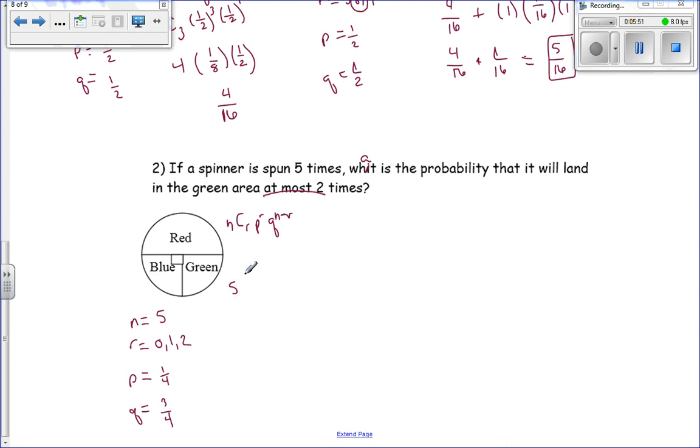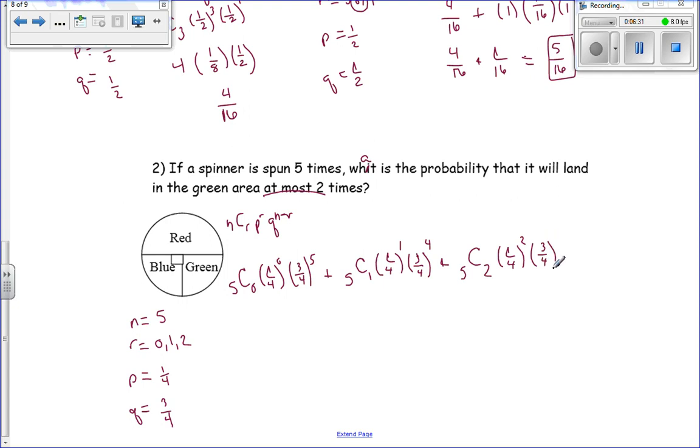So in this case we have 5C0, 1/4 to the 0, 3/4 to the 5th, plus 5C1, 1/4 to the first times 3/4 to the 4th, plus 5C2, 1/4 to the second, 3/4 to the third. Remember, my exponents must always add up to what n is.